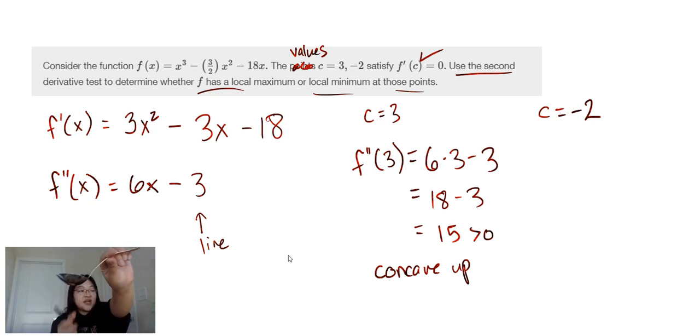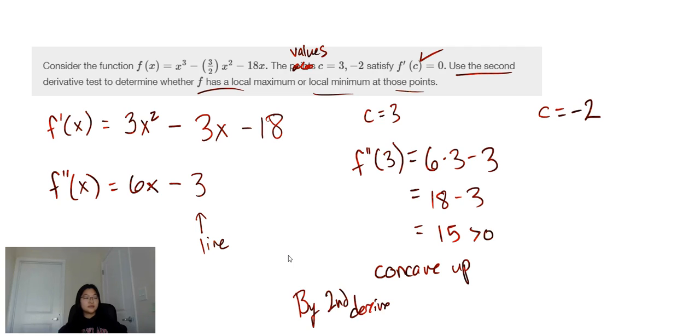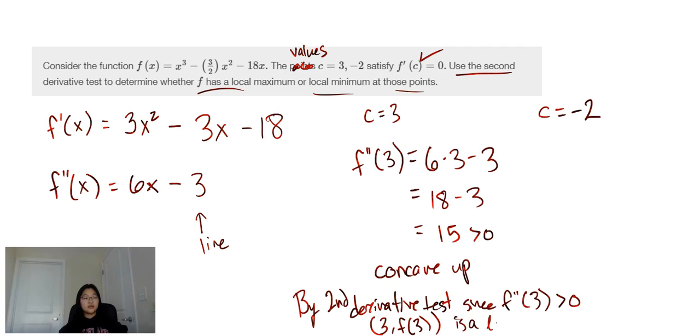It's a minimum. So by the second derivative test, since f double prime at 3 is greater than 0, f of 3 is a local min.